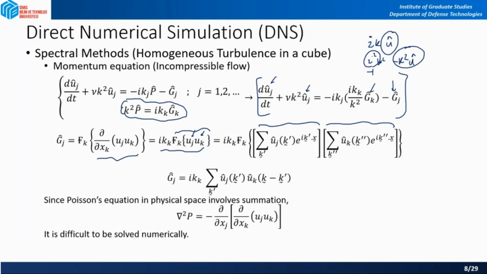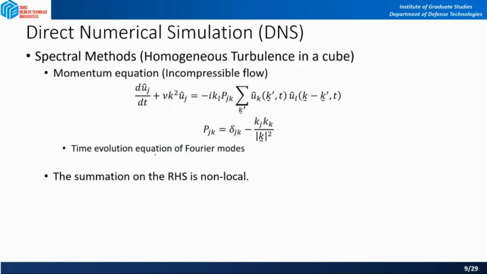This is the problem that we have in DNS. The final form of the equation will be du hat dt, the time derivative, plus the viscous part, equal to minus ik times pressure times this summation.